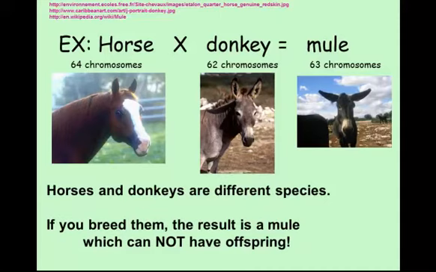So when the mom and dad, the horse and the donkey, pass chromosomes onto their offspring, remember each parent gives half, the horse is going to give the baby mule half of 64, 32 chromosomes, and the donkey is going to give half of their 62 or 31 chromosomes, and you get a mule baby that's got an uneven number of chromosomes and can't reproduce. So we would say horses and donkeys are two different species because they can't make fertile offspring when they're bred together.